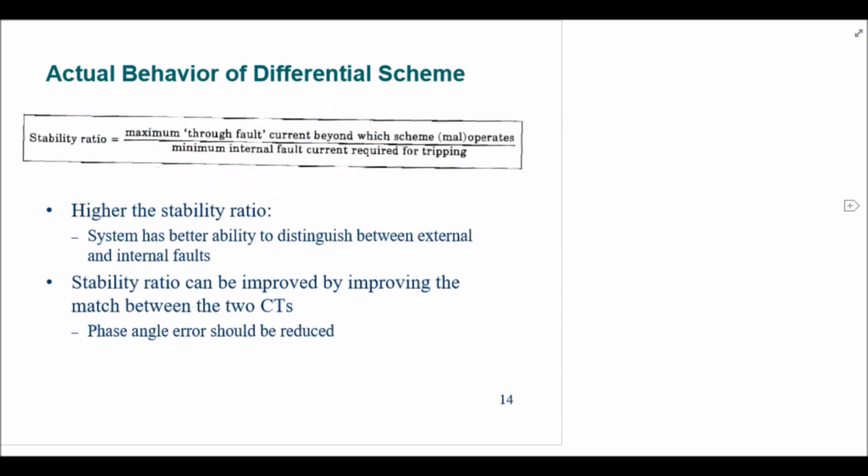Now, in order to increase the stability ratio, we can increase the numerator or decrease the denominator. The maximum through fault current beyond which the circuit maloperates, divided by the minimum internal fault current that is required for tripping, which is actually the plug setting of the relay, is known as the stability ratio.